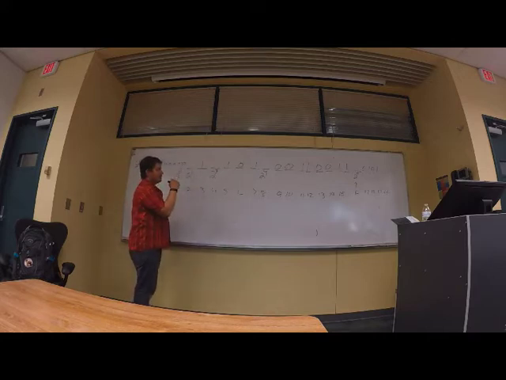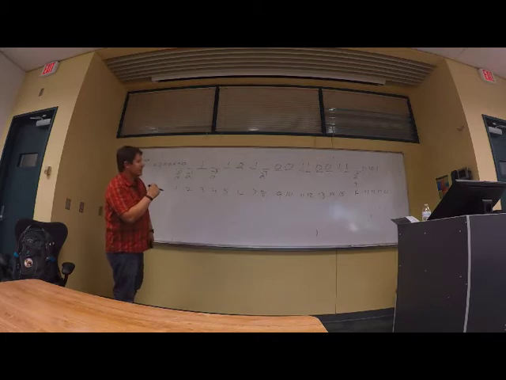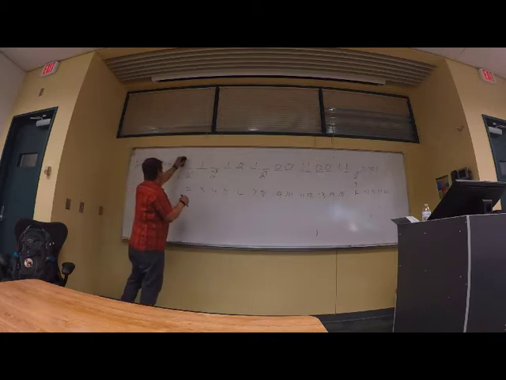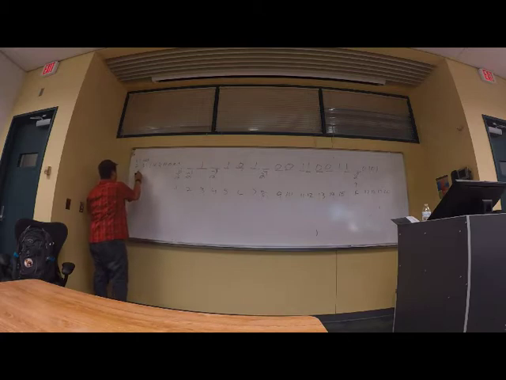But we don't have that, right? So it should stop at 20. Yeah, it stopped at 20, so we don't need that. And then the 3, and then the 4, and then the 5, right?